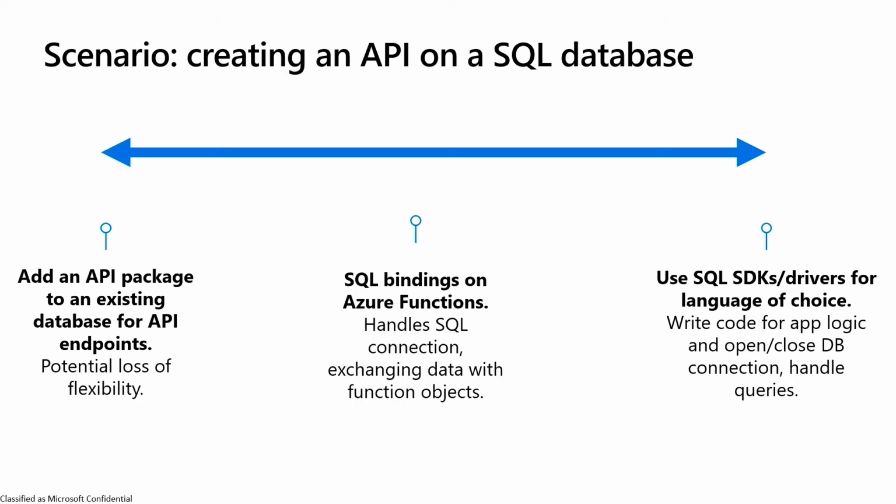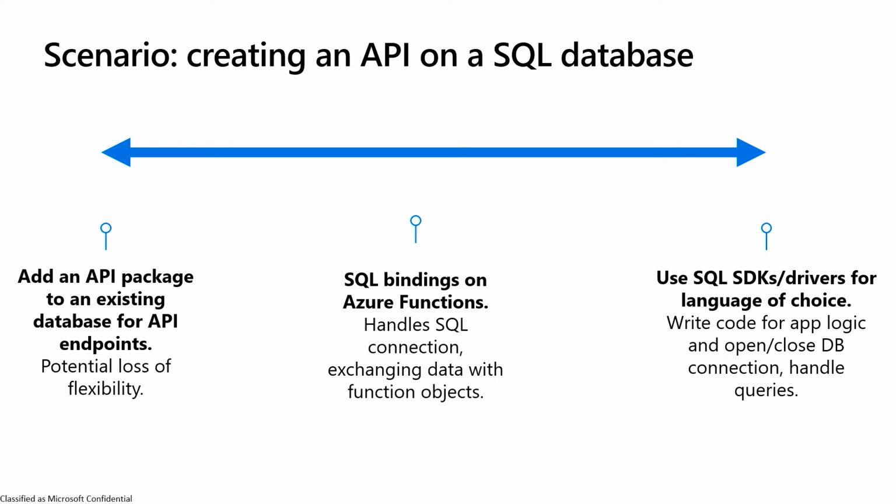But with SQL bindings, we can start talking about a middle ground where you gain some efficiencies because SQL bindings is handling the SQL connection for you, and then you're worried about the app logic and exchanging the data within the function objects. I put it in the middle here, not because SQL bindings are the only solution.